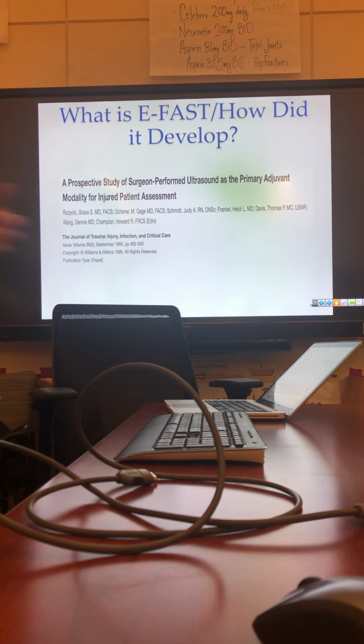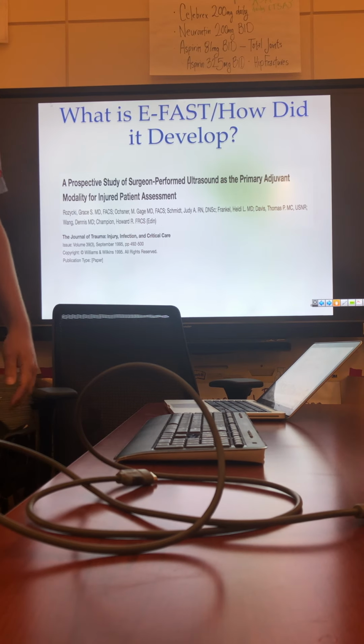Moving on, where did this come from? This has been around a really long time. This study was put out by Grace Ruzicki, who is kind of the founder of FAST, in 1995. So it's been around for almost 30 years now, mostly in Europe, and it kind of trickled into the U.S. This is pretty much the standard of care that we need to get on board with.